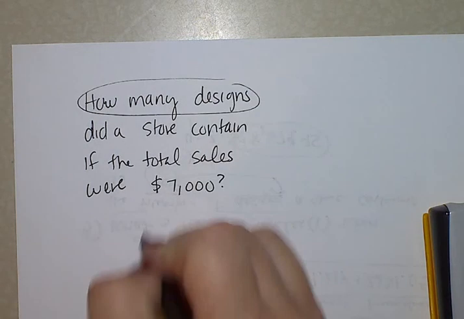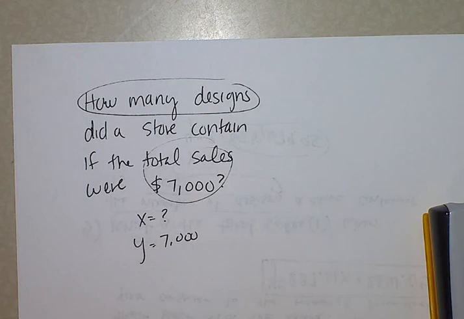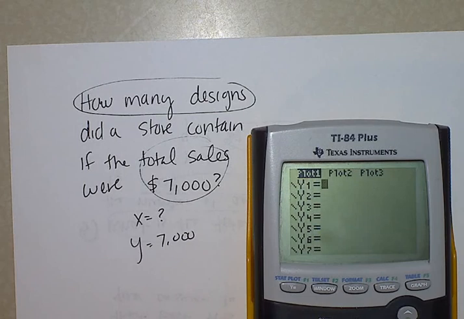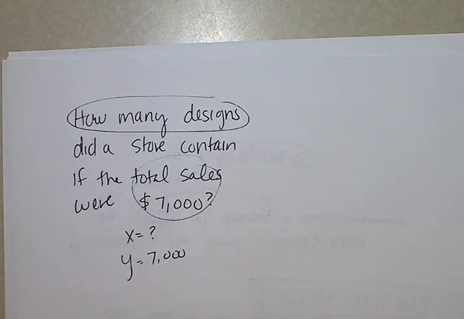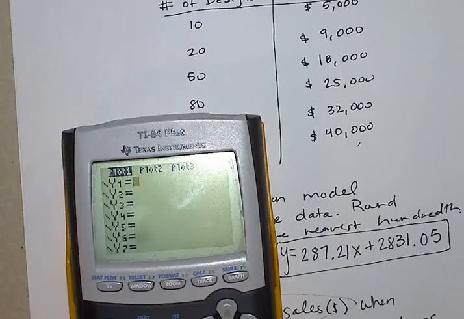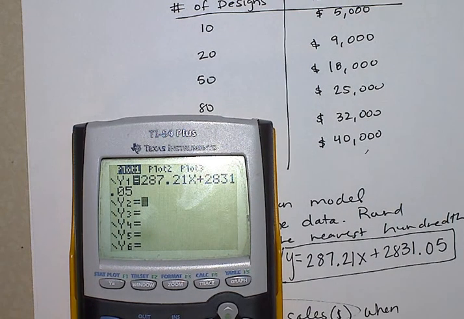So we want to know what is the x, and we're given the total sales. We're given the y. And so to do that, you learned how to do this back in August. Go to y equals, and let's start by plugging in our regression model. So this models the data, and now we want to know what is x when y is 7,000. When you're done, hit graph.